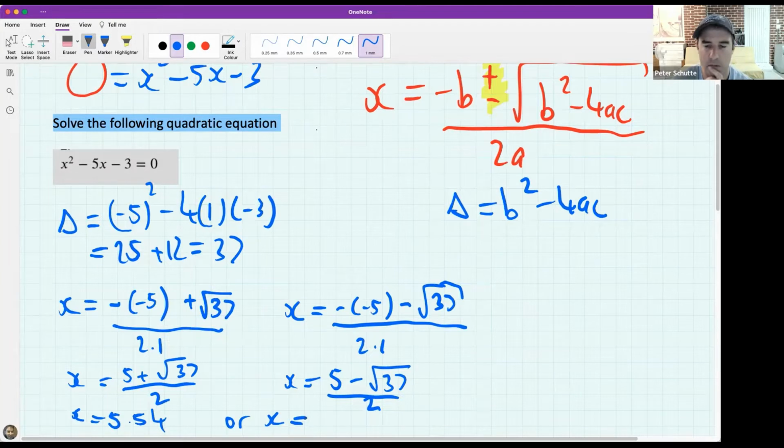What is the other one going to be? So I get minus 0.54.